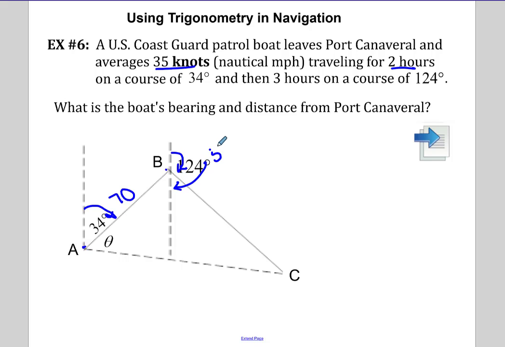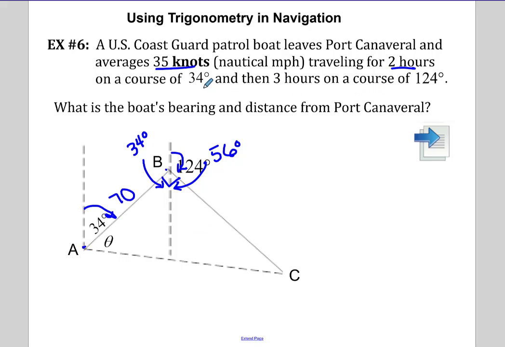That angle in there is going to be 56 degrees. And if this is 34 degrees, 2 vertical lines cut by a transversal makes that angle in there 34 degrees. And 56 plus 34 makes angle B a 90-degree angle.